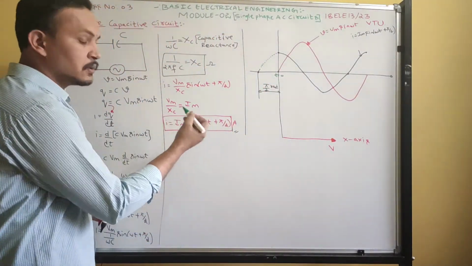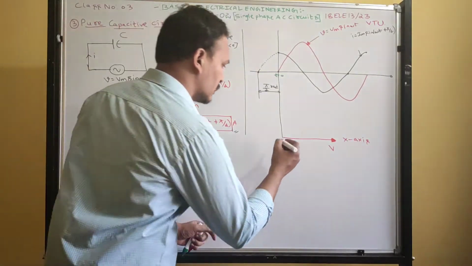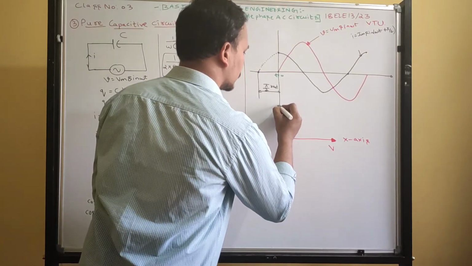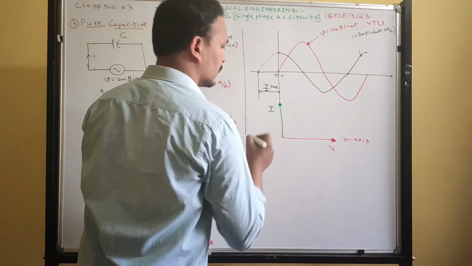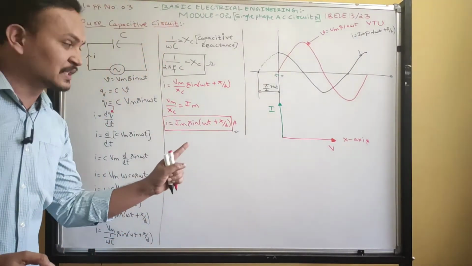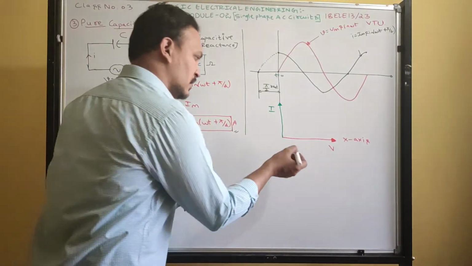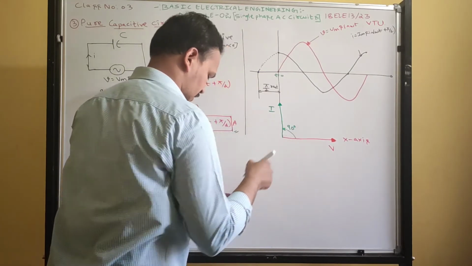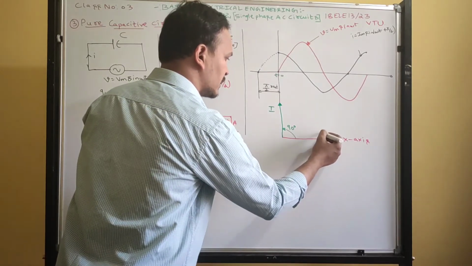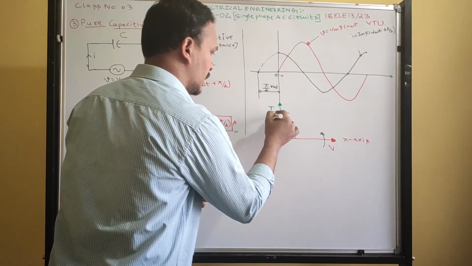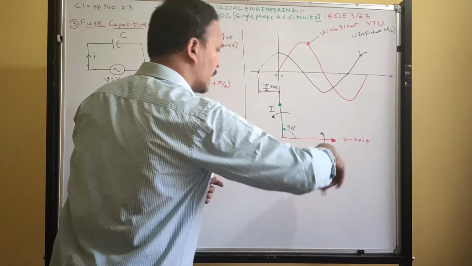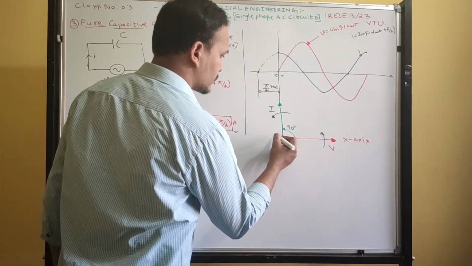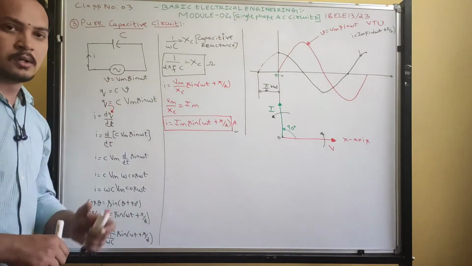Current leads the voltage by how much? 90 degrees. So what is the angle? Positive angle. Positive angle is measured in which direction? Anti-clockwise. However, we have to rotate the phasors, the voltage phasor and the current phasor also, in the anti-clockwise direction. Okay, got it? So this is the phasor diagram for a pure capacitive circuit.